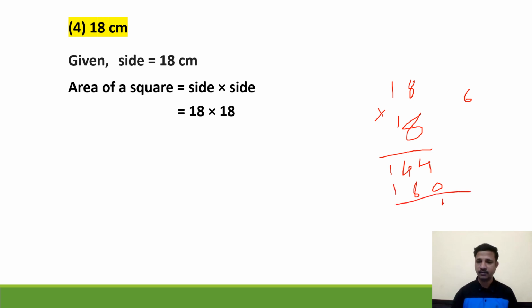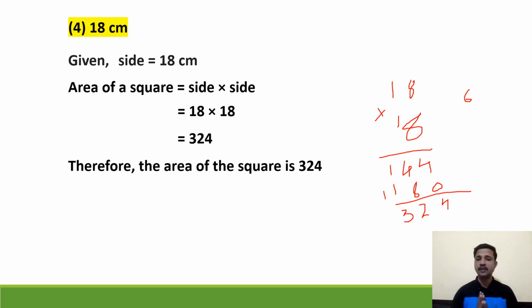Add these: 4, 12, carry 1. Then 1, 2 and 3. Our answer is 324 square centimeter. Therefore, the area of the square is 324 square centimeter.